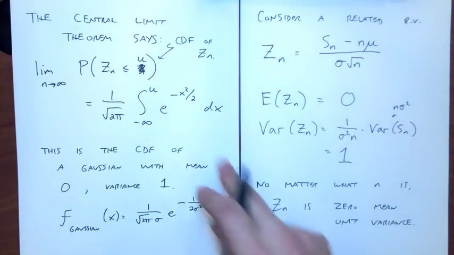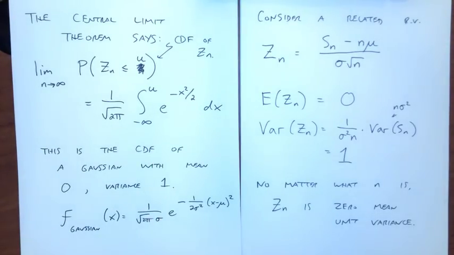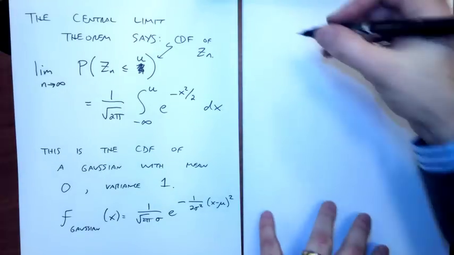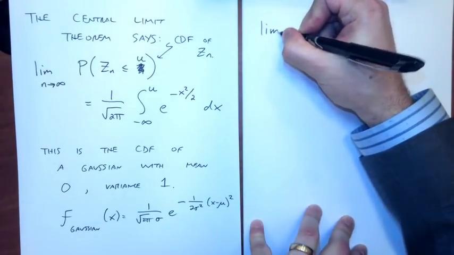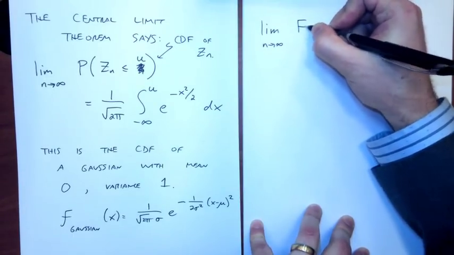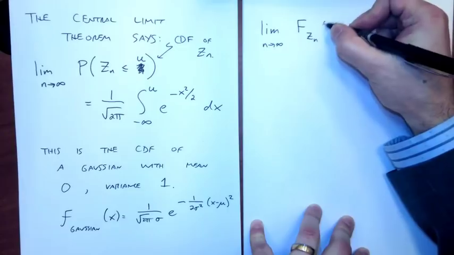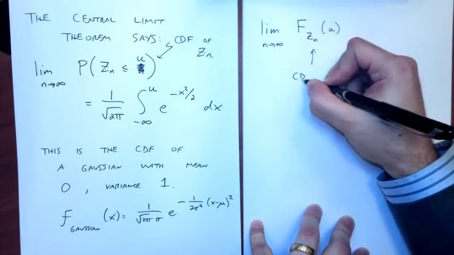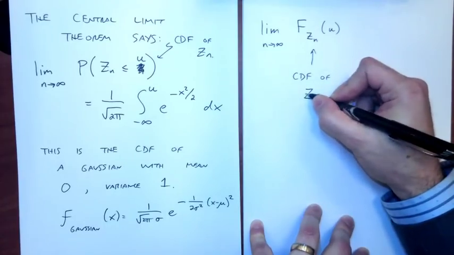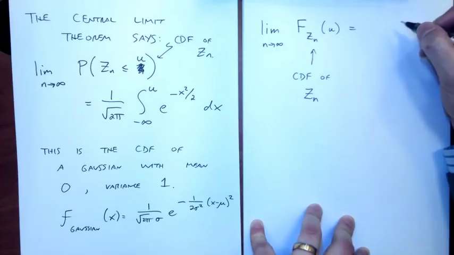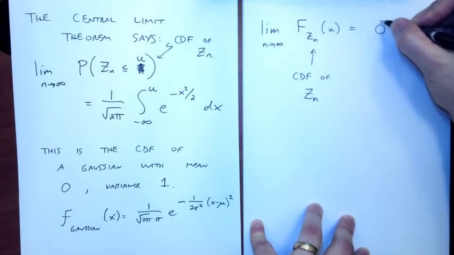If I plug in sigma equals 1 and mu equals 0, I get this simpler looking PDF. So what am I saying? I'm saying that in the limit, as n goes to infinity, the CDF of my random variables added up equals this function here.